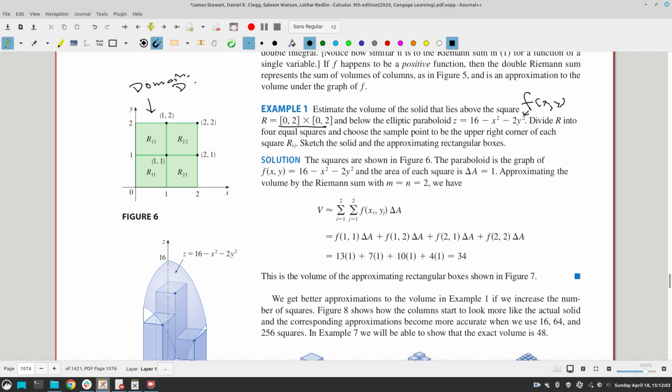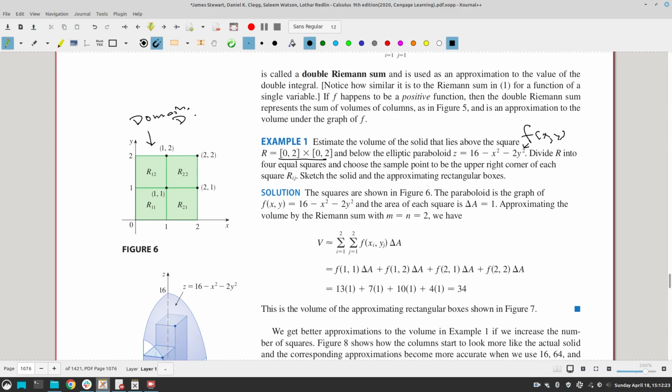Okay, great. So we want to approximate the volume by finding the volume of boxes, right? Basically, that's what we're doing. We're finding the volume of boxes with constant height.